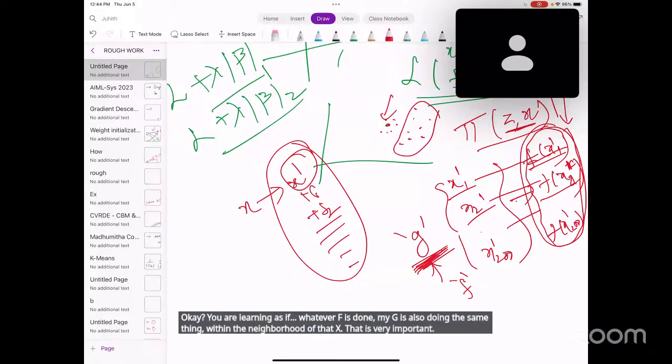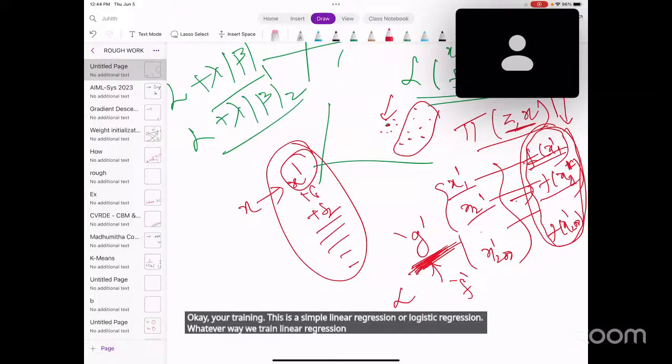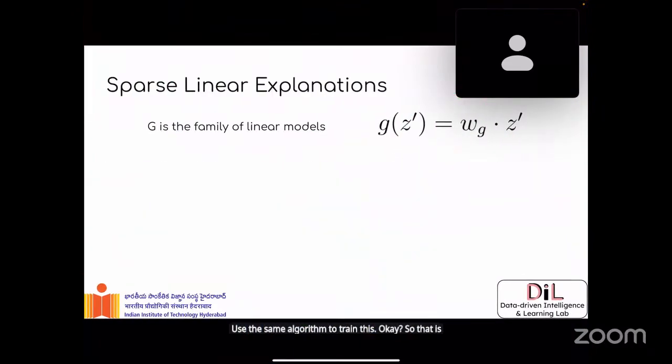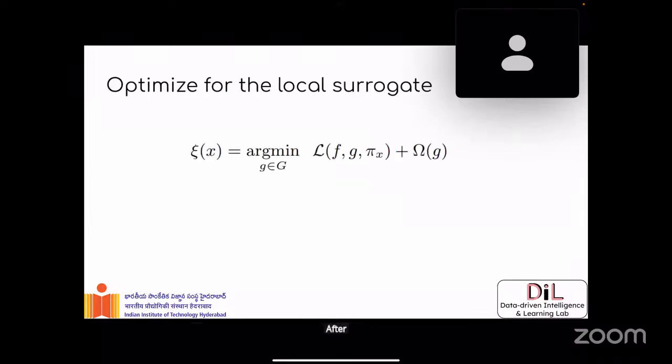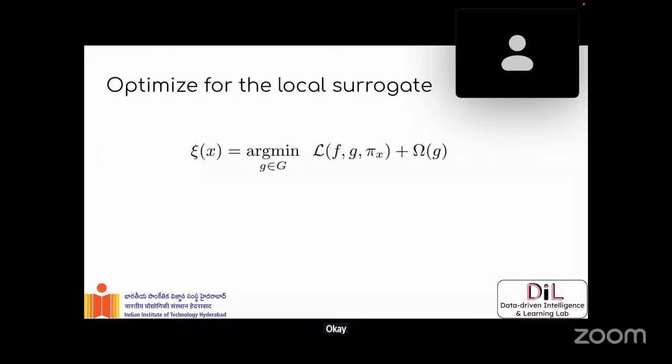This is within the neighborhood of X. This is a simple linear regression or logistic regression. Whatever way we train linear regression and logistic regression, we use the same algorithm to train this. This equation means exactly what I described. You are learning a logistic regression with the augmented samples that are provided. Is this clear now?